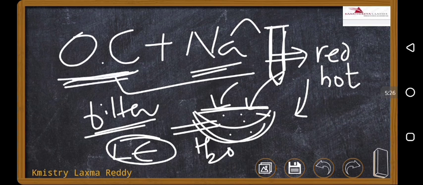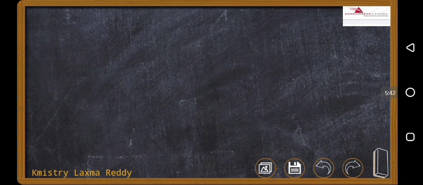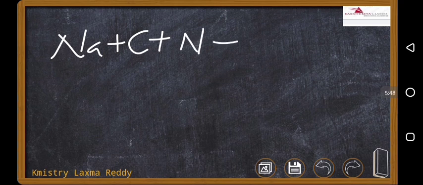So what is happening here? When you are heating up to red hot condition, organic compound, if it is containing any nitrogen or sulfur or halogens, these nitrogen, sulfur, halogens present in the organic compound will react with sodium and form the following compounds. Have a look at this. Sodium, carbon, if nitrogen is present, that is completely converted to sodium cyanide, NaCN.